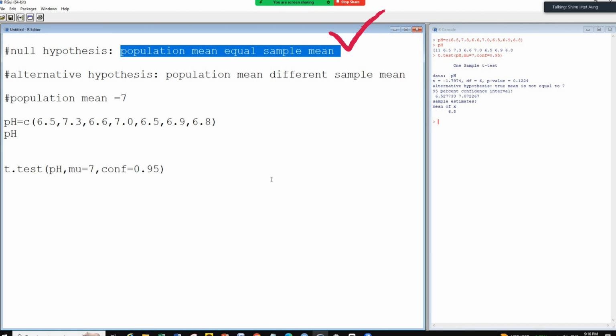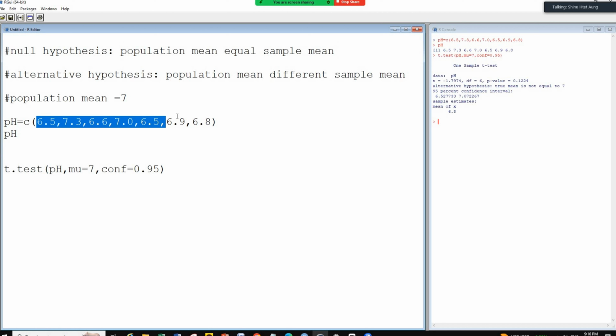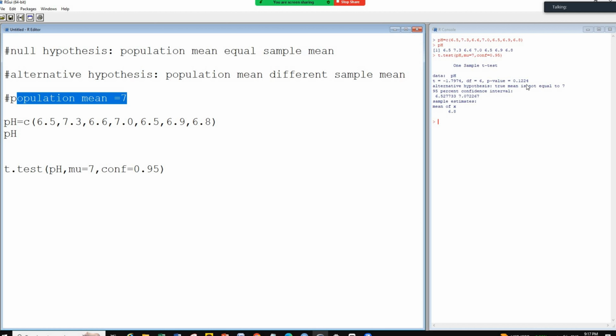So we accept the null hypothesis and reject the alternative hypothesis. Our collected data and the standard value are not significantly different, because the p-value is greater than 0.05. After calculating the one sample t-test, we can determine the pH value of the whole country.